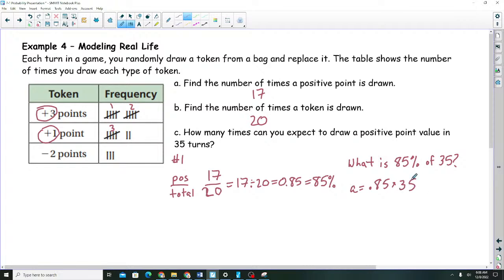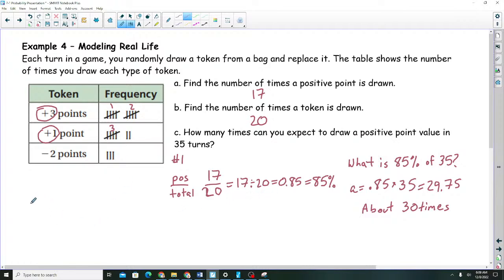And 0.85 times 35 gives you 29.75. So we could then say about 30 times. If this had been 29.4, we would say about 29 times.